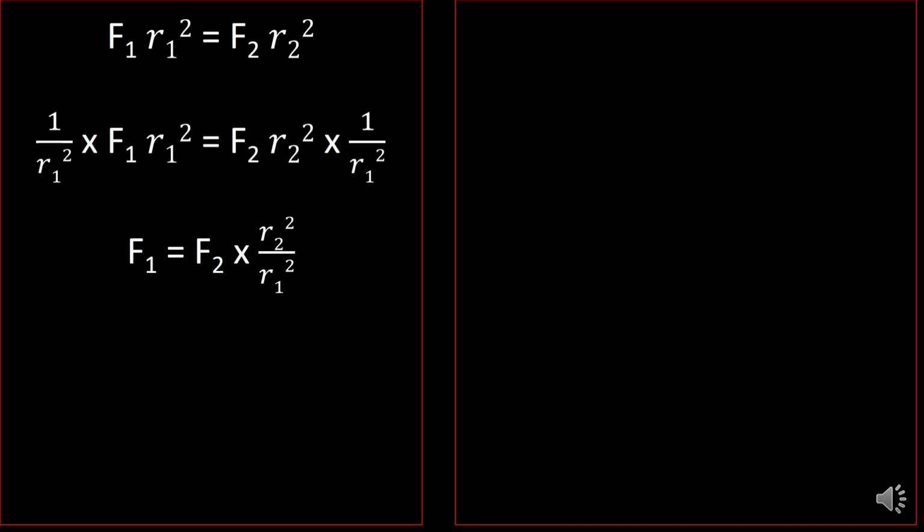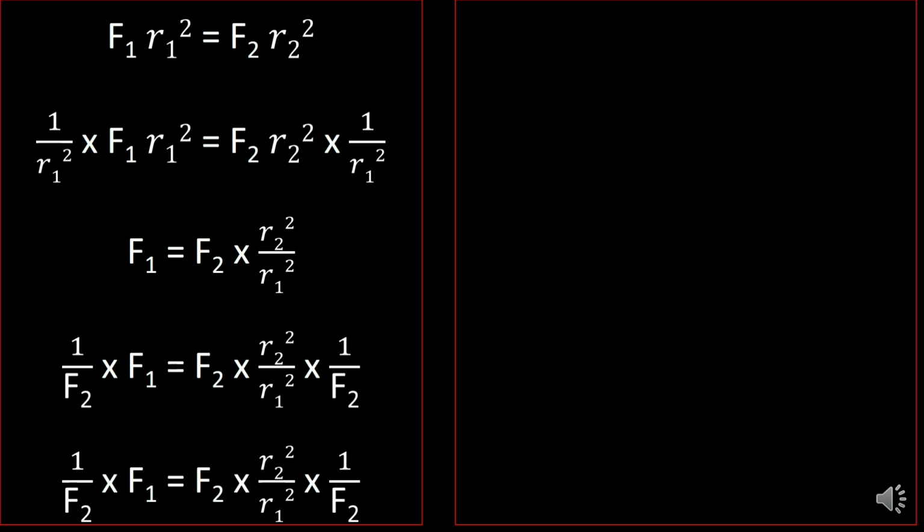So I'm going to divide both sides by F2, which gives 1 over F2 times F1 is equal to F2 times R2 squared over R1 squared times 1 over F2. And this now comes to F1 over F2 is equal to R2 squared over R1 squared.